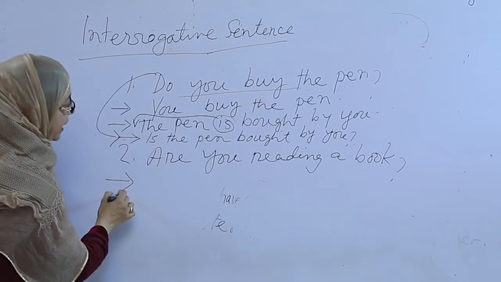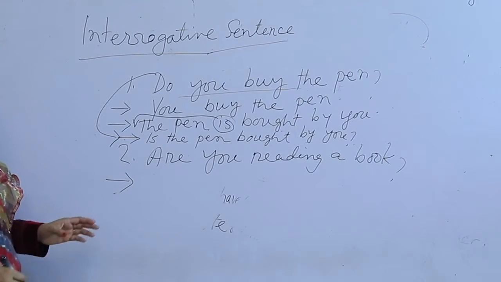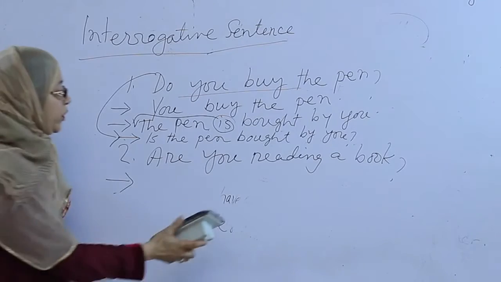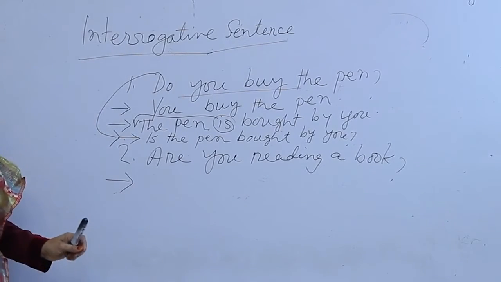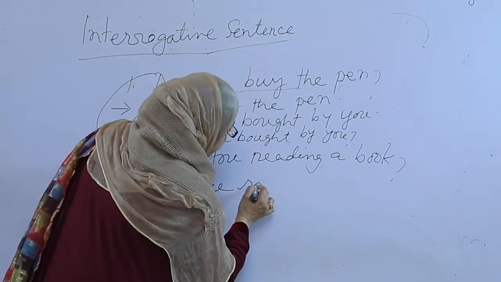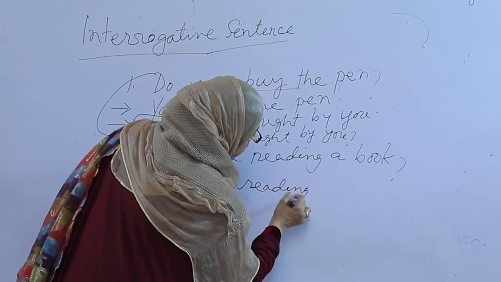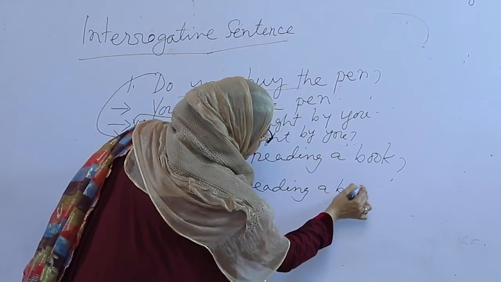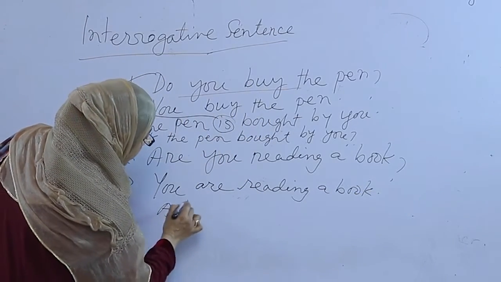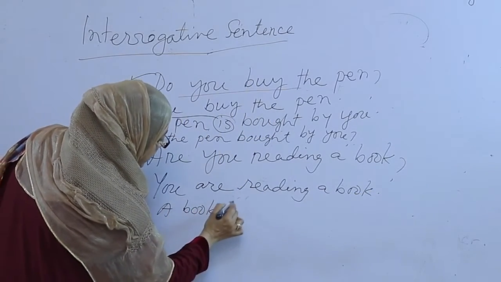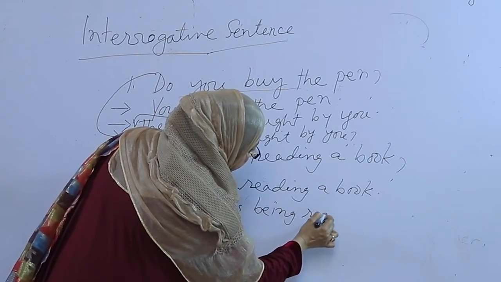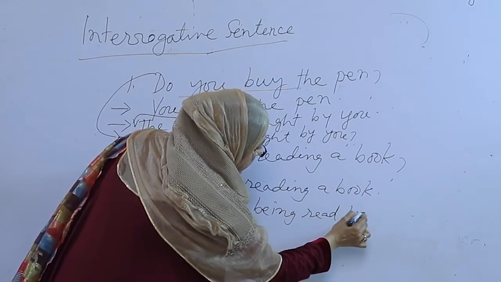And the second one: are you reading a book? If I turn it into an assertive sentence, you are reading a book. And I turn it into passive: a book is being read by you.